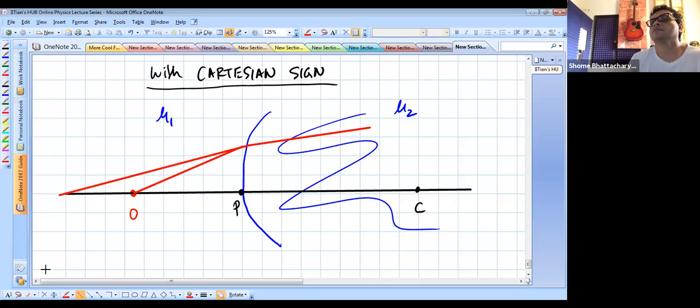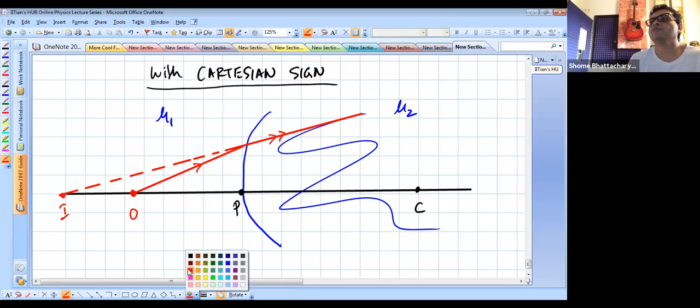Let's remove this one and let's produce forward this one. See that this is the refracted ray produced back. So this becomes my virtual image at this point because it's not somewhere where the real rays are.